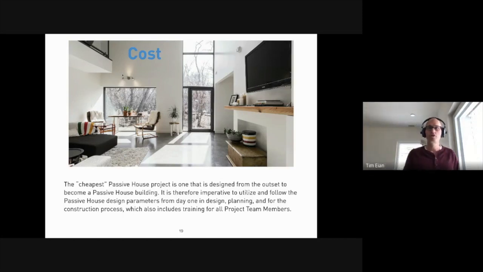If you don't use the paradigm and principles set forth in that program, and you're just trying to bend conventional buildings into a passive house, you're definitely going to make it more expensive. In the worst case scenario, it becomes as or more expensive than the real passive house, but you don't end up at the same level of performance.